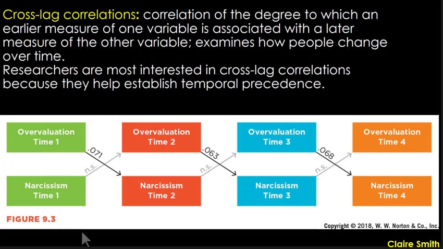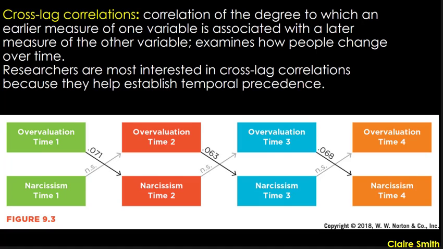So this gives researchers a better idea and more ability to say that this parental praise, overvaluation from the parents, is leading to the change in narcissism and not vice versa, right? Since we only have an effect size going this way, and we have no significant effect size this way. So that's very important for establishing temporal precedence. Like it says right here, establishing temporal precedence.